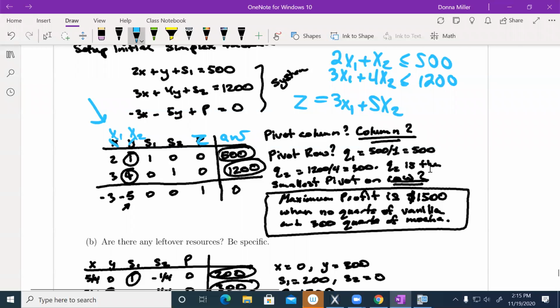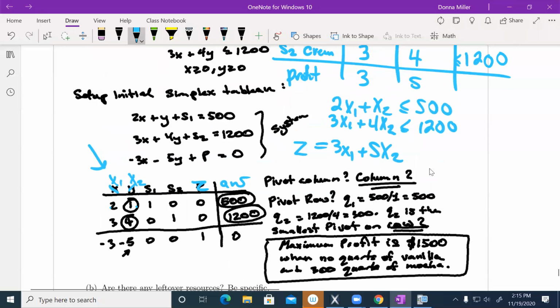The first equation is 2x1 plus 1x2, and that has to equal 500. What they do is add a slack variable to each equation to turn it into an equality. So they add S1, and that's why S1 is 1 here. For the second equation, it's 3x1 plus 4x2 plus the second slack variable, S2, equals 1,200.